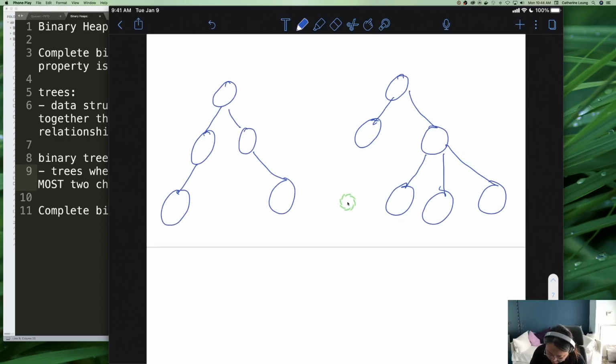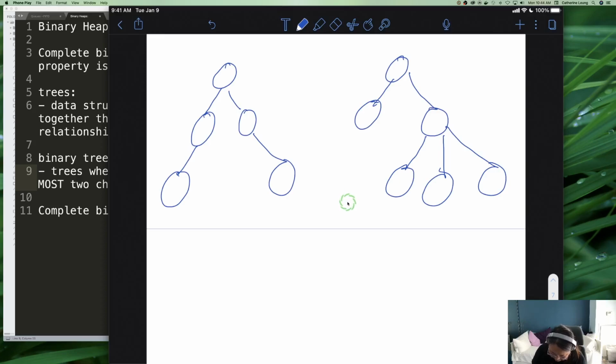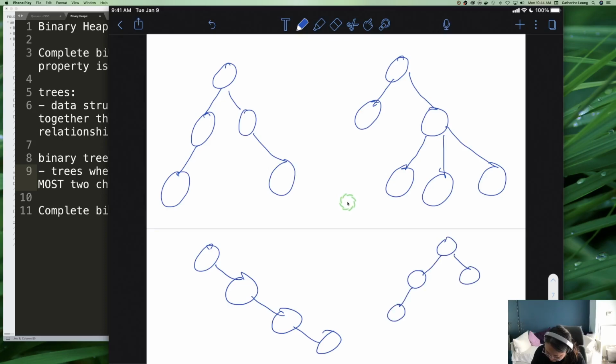Okay, so here are 2 pictures, and let's draw a few more. Binary tree or not binary tree, pause the video now and write down your answers for each of your trees, and then I will reveal them in 5 seconds.